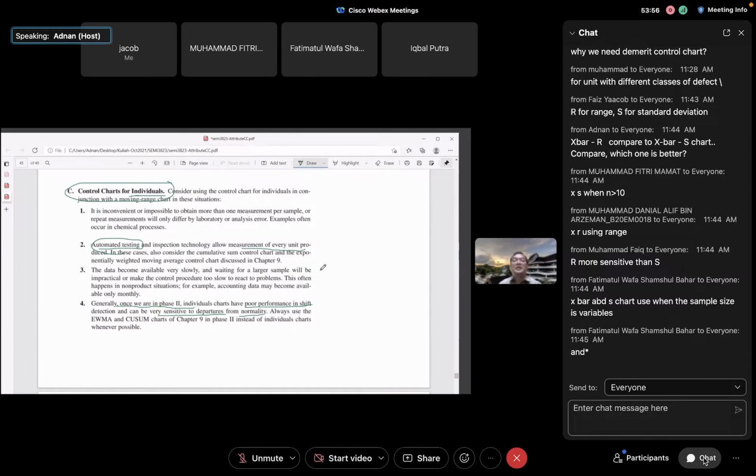In control charts, we always assume the data is normally distributed, especially for X bar, which monitors the mean, using X bar chart, X bar S, X bar R. But if normality cannot be met, we can use the EWMA or CUSUM chart. We have seen this. EWMA and CUSUM charts can eliminate or minimize the effect of non-normality.